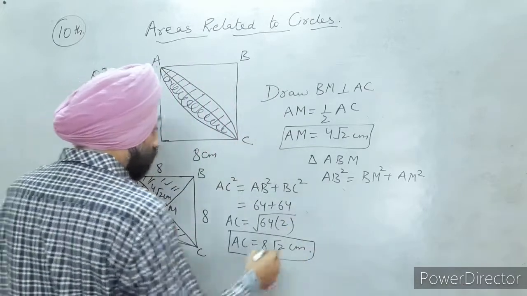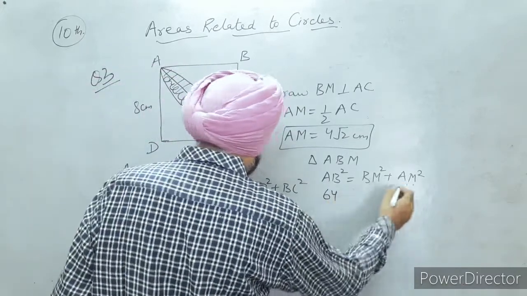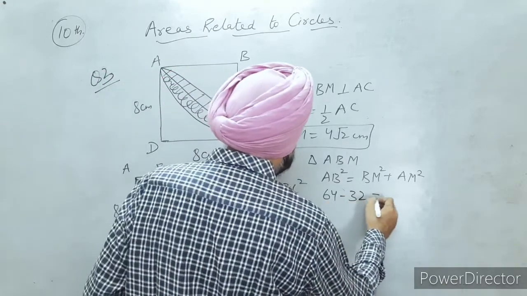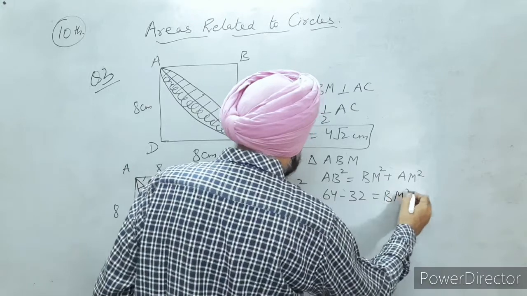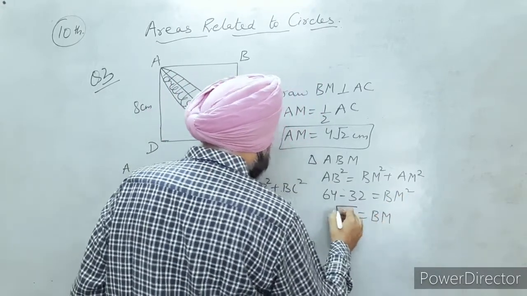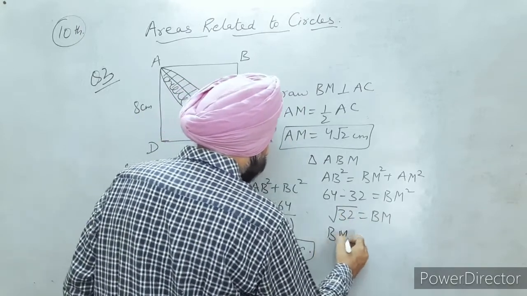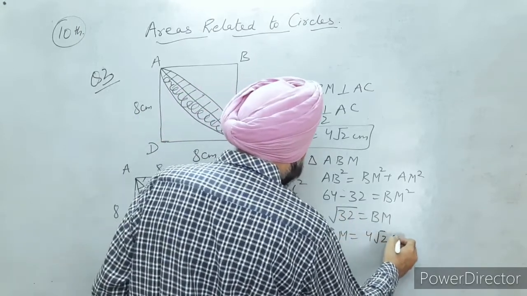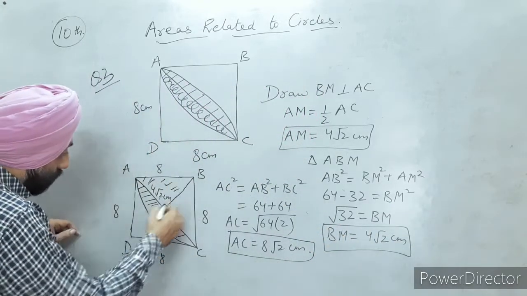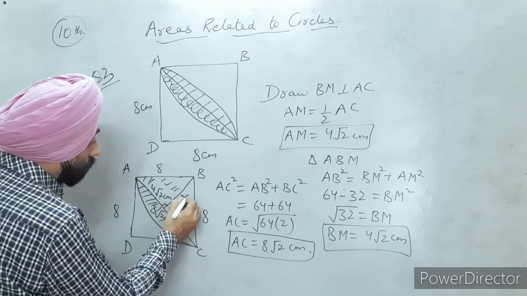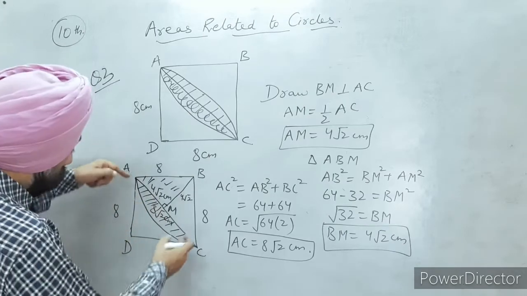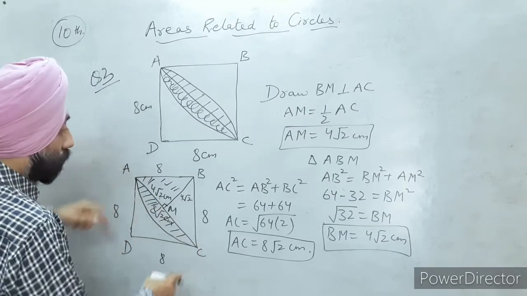AB square is 8, that is 64, minus AM square, that is 16 into 2, 32, is equal to BM square, 32. BM under the root, or BM is 4 under root 2 centimeter. Now I get BM as 4 under root 2, right? I get AM as 4 under root 2, base is 8 under root 2.